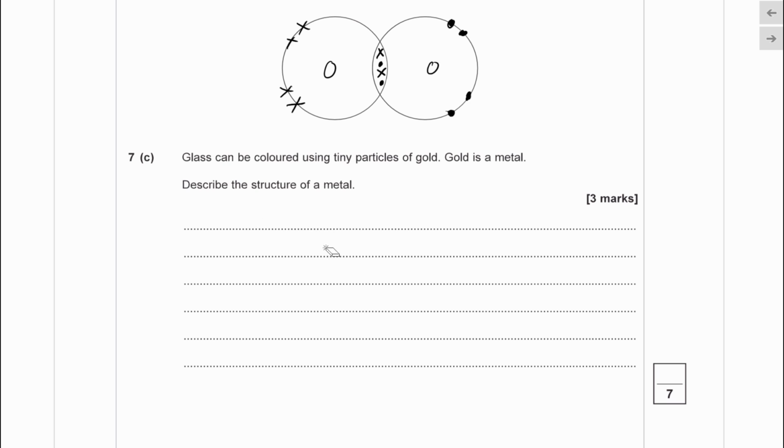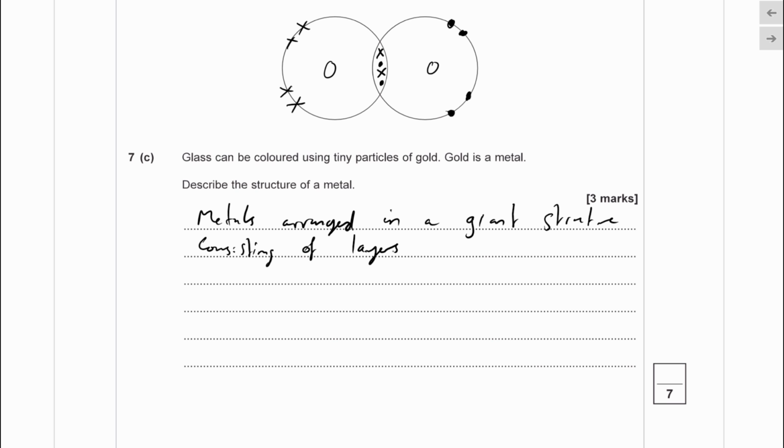Right, so let's just rub that out and let's start describing that. So metals are arranged in a giant structure consisting of layers of metal ions.